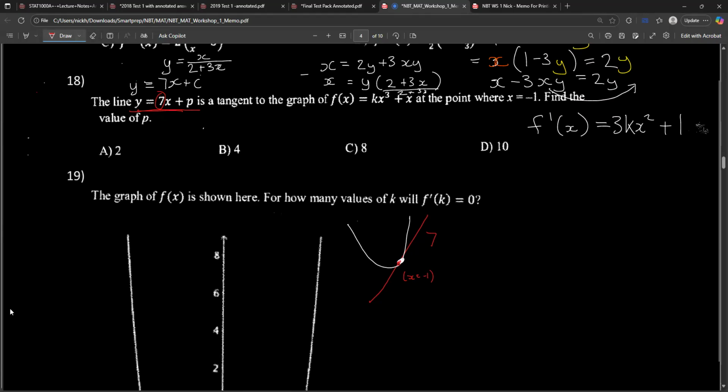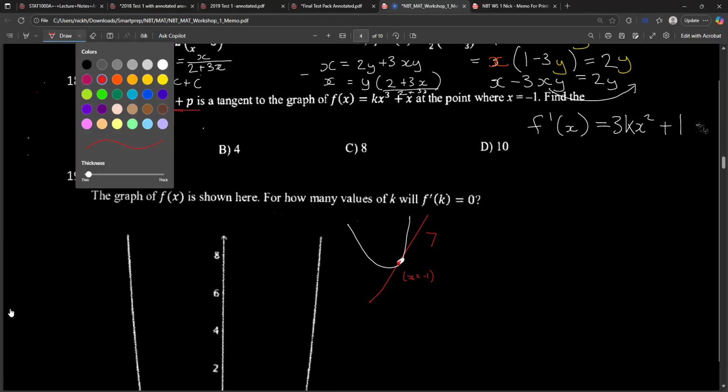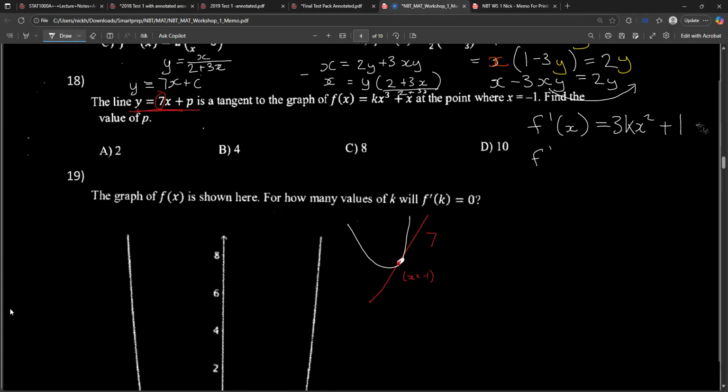So we know the slope, which is what we just figured out, 3kx squared plus 1 is equal to 7, where x is equal to minus 1. Let me just write that down. f dash of x is equal to 7.